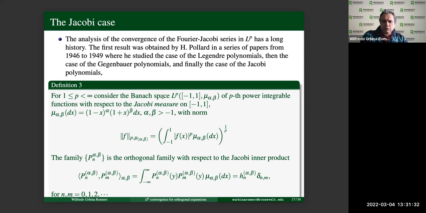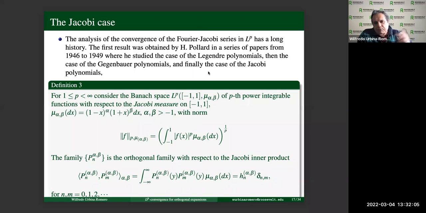So of course, for that, you define the Banach space LP between -1 and 1 with respect to the Jacobi measure. You have the LP norm with respect to that. And then, from what we discussed previously, the polynomials are orthogonal in L2, I mean with the inner product.